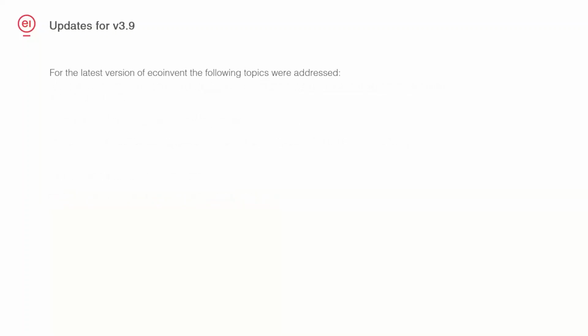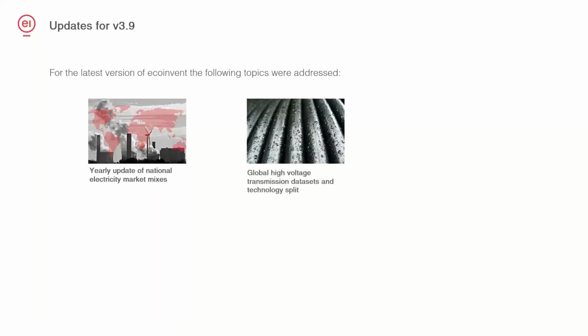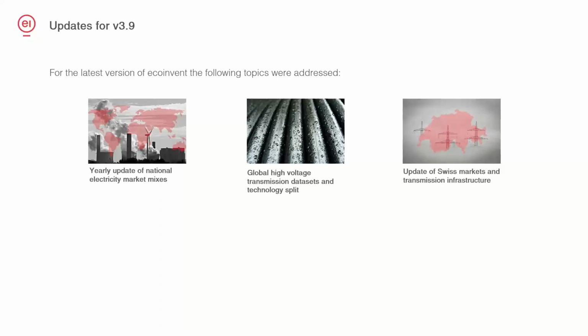There will be 6 topics discussed in this webinar. At first, I will explain the yearly updates we perform for most of the electricity markets in the database. Second, we will introduce new high-voltage transmission datasets as well as individual transmission infrastructure amounts. The Swiss electricity markets as well as their transmission and transformation datasets were updated.